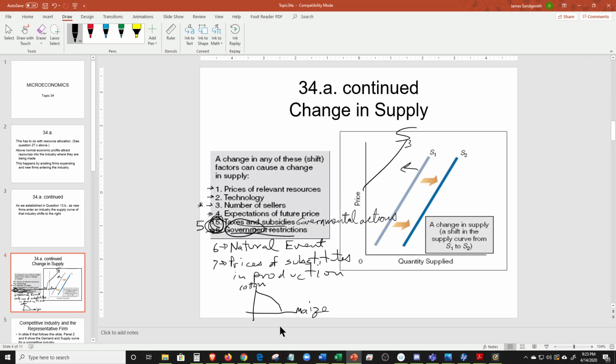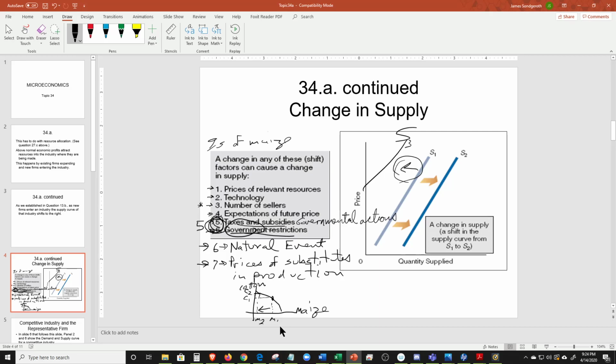If they're producing right here, this combination, that amount of maize and that amount of cotton, then if we're looking at the quantities supplied of maize, let's say, then if the price of cotton goes up and we want to grow more cotton, the supply of maize will decline because the farmers can get more money by growing cotton. All right, so that's what number 7 is.